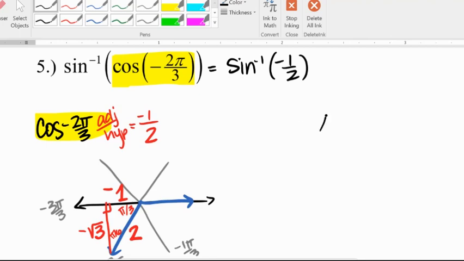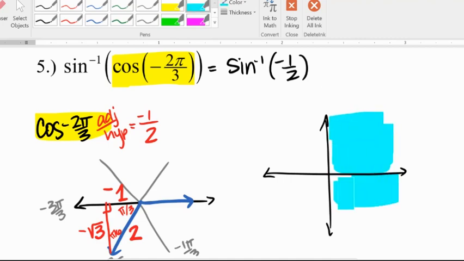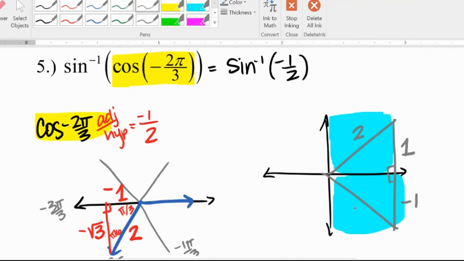So sine inverse is restricted to quadrants 1 and 4. But because it's negative, it's going to be the one in quadrant 4. Okay? So we want the reference angle, right? We need to figure out what it is, but we want opposite over hypotenuse to be negative 1 half.